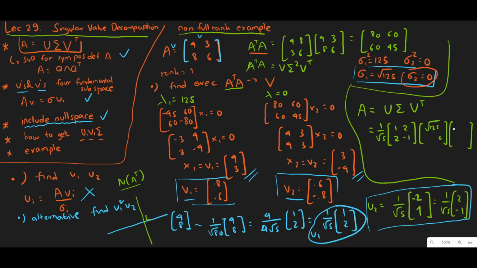So let's see, V1 transpose, and then the second guy here. Don't forget the minus here, just emphasizing the minus. 0.8, 0.6, 0.6, minus 0.8.